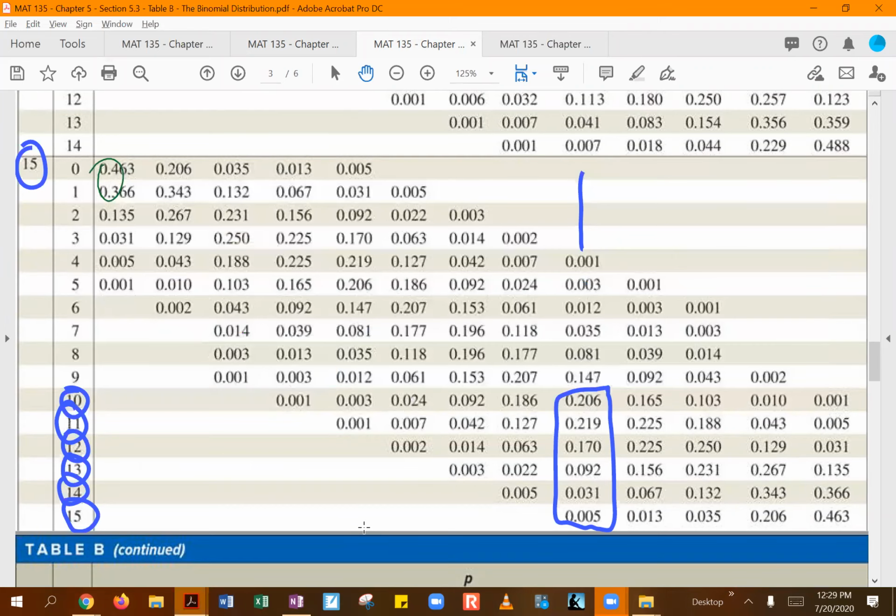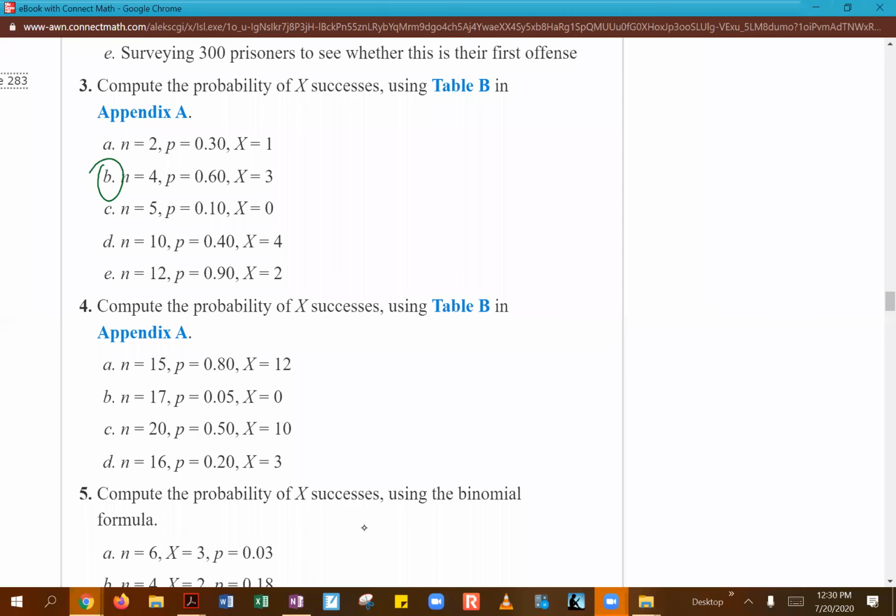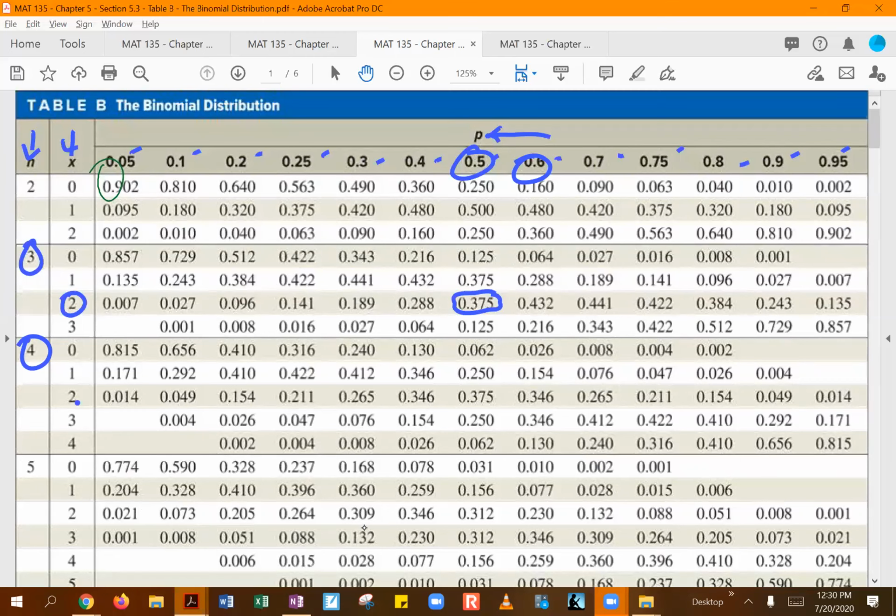Okay, so n equals 4. Probability of 0.60 and x equals 3. I'm gonna flip this guy a little bit.